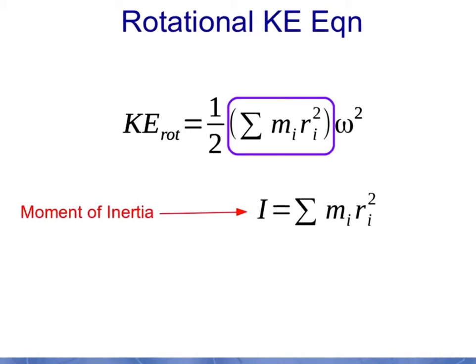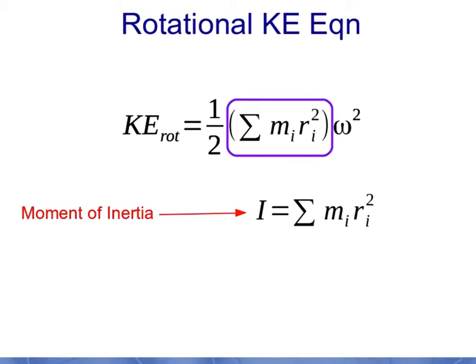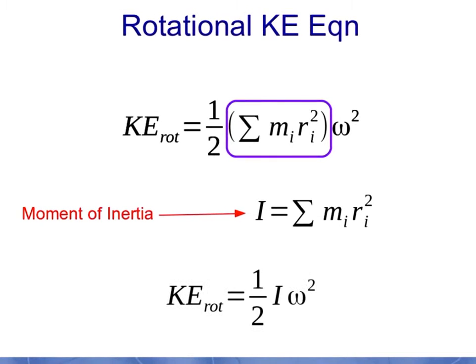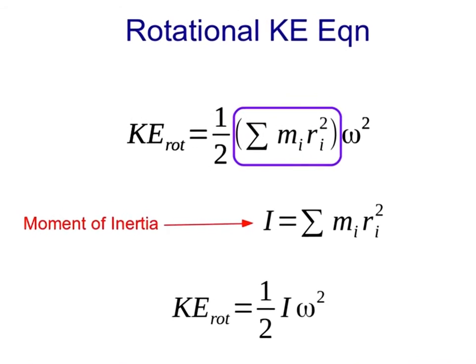That's actually my moment of inertia. Some people actually use this rotational kinetic energy equation as the justification for defining the moment of inertia this way. And so the more common form of writing the rotational kinetic energy is 1/2 I omega squared, the moment of inertia times the angular velocity squared.